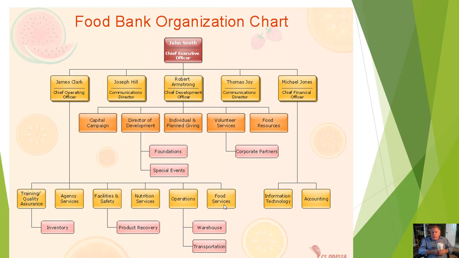So they've broken it down to a capital campaign, a director of development, individual and planned giving, volunteer services, corporate partners, and food resources. So these are probably much smaller staffs, but with a narrower purpose. They all come together to form the organization, and neither can survive without the other.